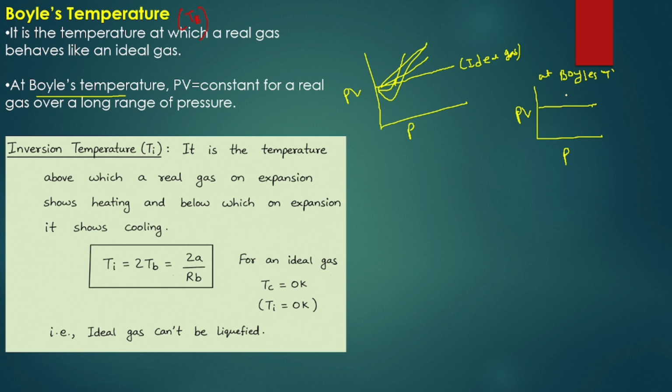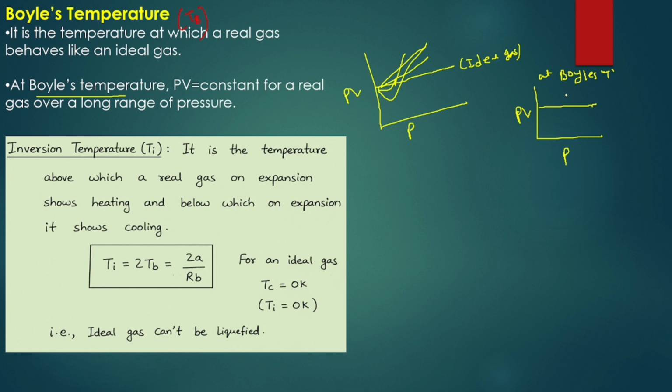In thermodynamics, it is one of the finest applications. Above the inversion temperature, a heating effect is shown on expansion. Below this temperature, a cooling effect is shown on expansion.